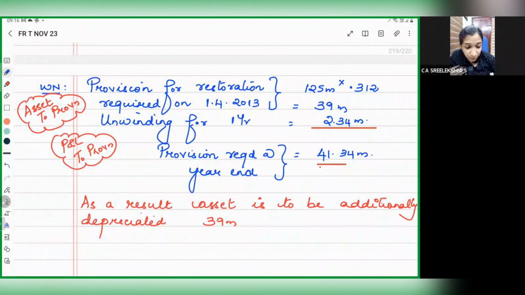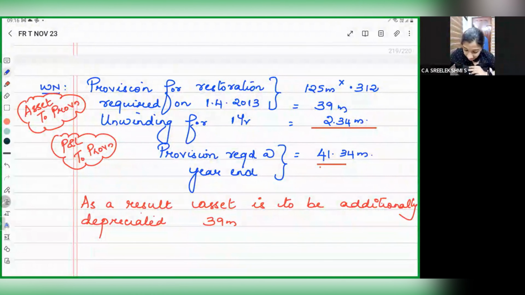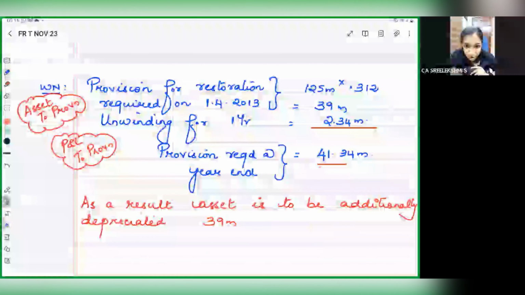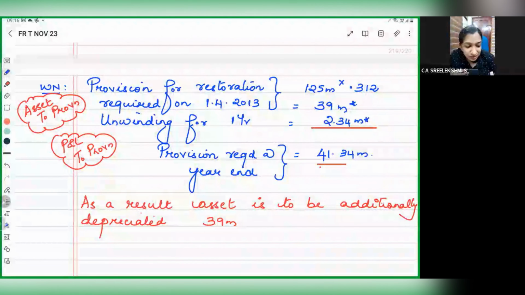So this was the provision required on 1st April 2013, പക്ഷേ you are standing on 31st March 2014. So 39 million provision create ചെയ്തിട്ടുണ്ടെങ്കിൽ that provision has to be unwinded 6% വെച്ച് ഞങ്ങൾക്ക് unwind ചെയ്യണ്ടേ?